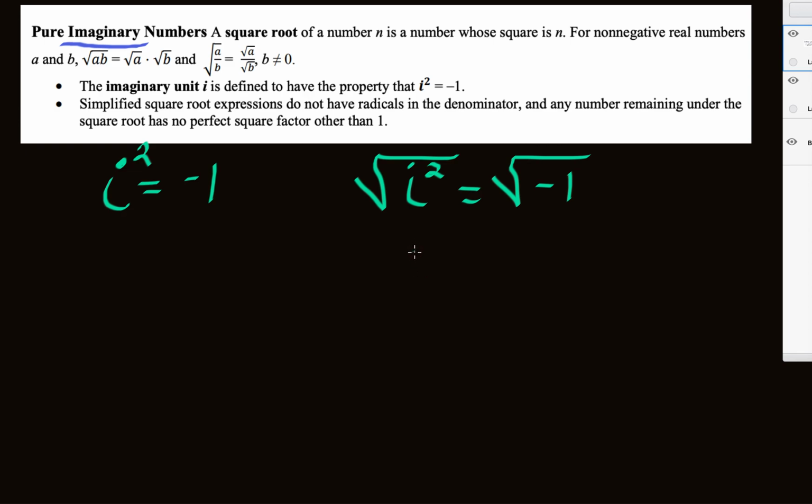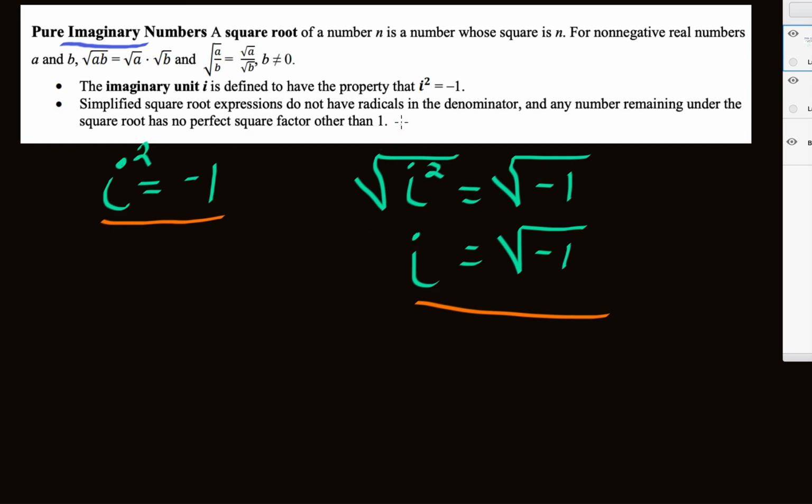Because we don't really know anything about the square root of a negative, we just get i on the one side. So i equals the square root of negative 1. These are two values that we need to know cold. Why? Because we're going to be looking at quadratic equations, and we're going to have to use those two values.